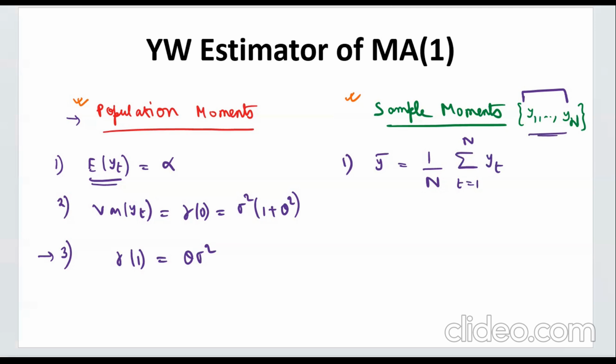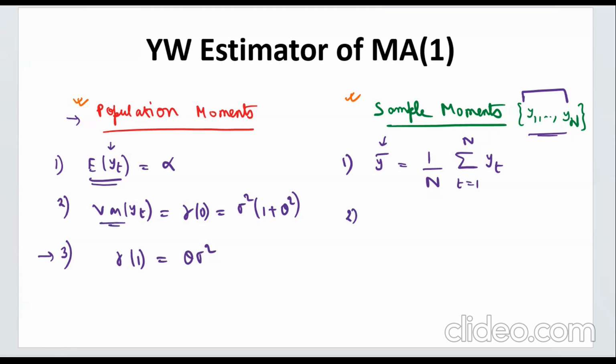And that will give you your average. This is the sample counterpart of population moment of expectation, right? I hope this is clear. In population, you write expectation of Yt, but in sample, you are just finding out the average in terms of y's. So y bar is 1 upon n summation t from 1 to n yt.